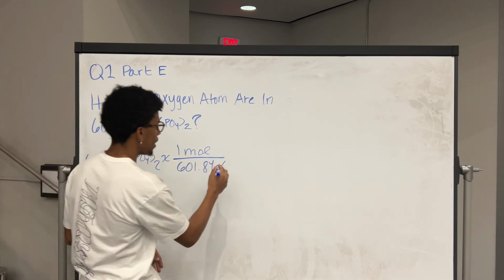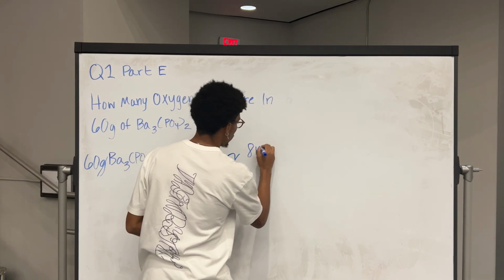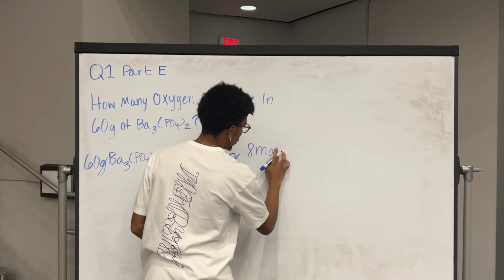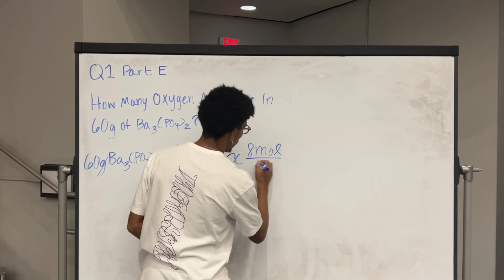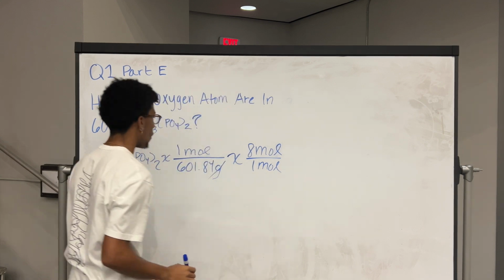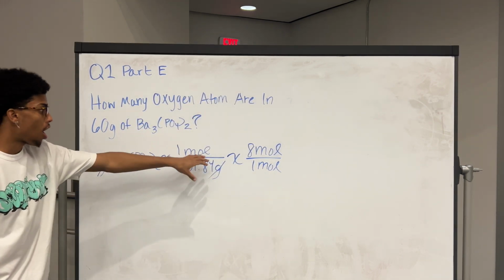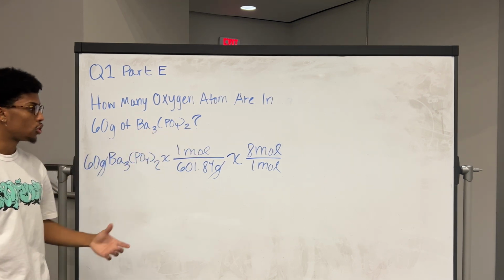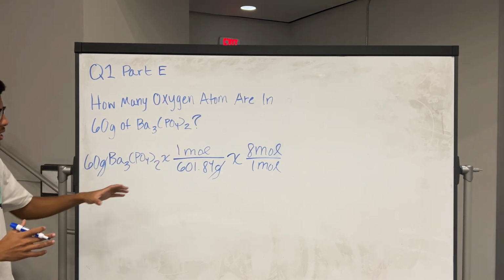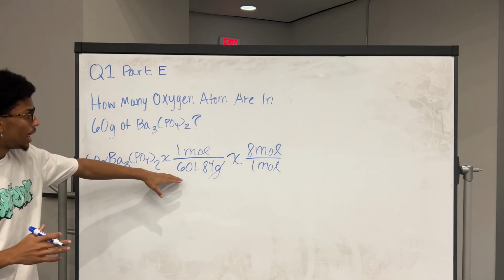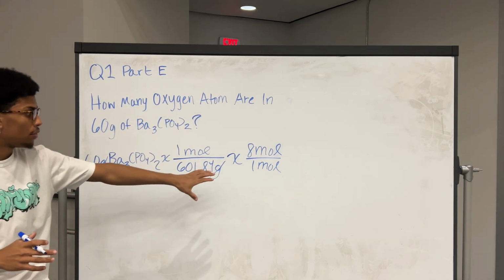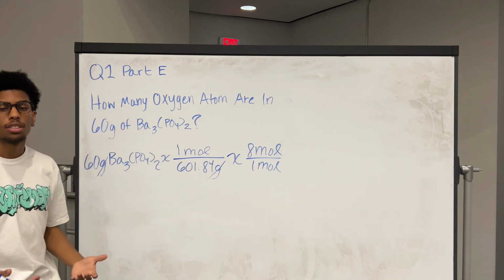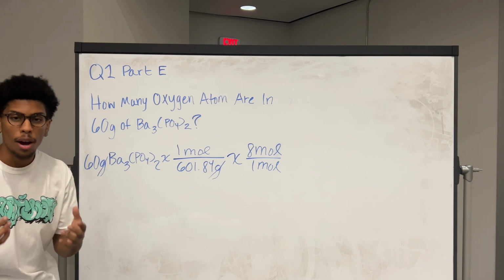You're going to multiply this by 8 moles of oxygen, which is what we have here, per 1 mole of our entire compound. Now we're talking about oxygen because there's 8, 4 times 2, per 1 entire compound. So we're focusing on oxygen now. But it's not how many moles of oxygen, it's how many atoms. To convert this portion into atoms, we need to use Avogadro's number.